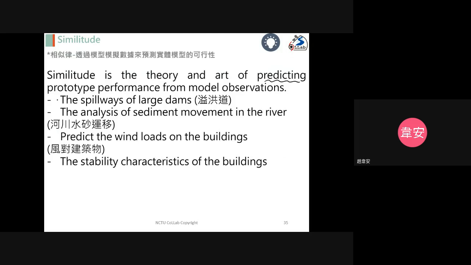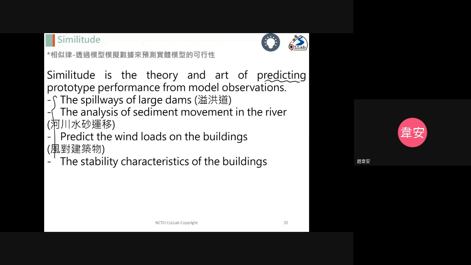So I just list four topics. They are very important. The first one is the spillways of large dams, and then the analysis of the sediment movement in the rivers. And the third is predicting the wind loads on the buildings. And the final one is the stability characteristics of the buildings.